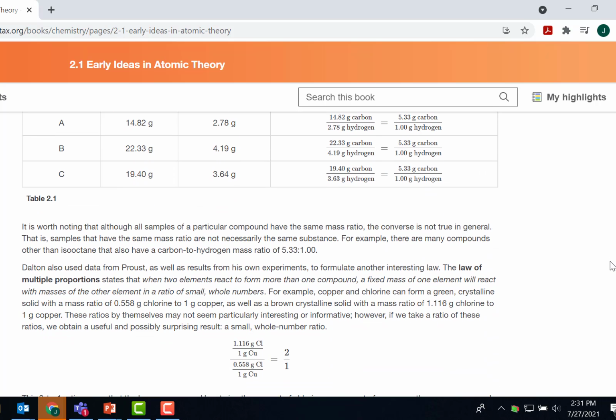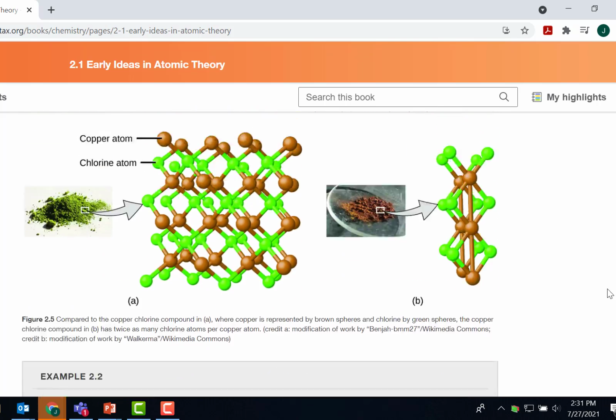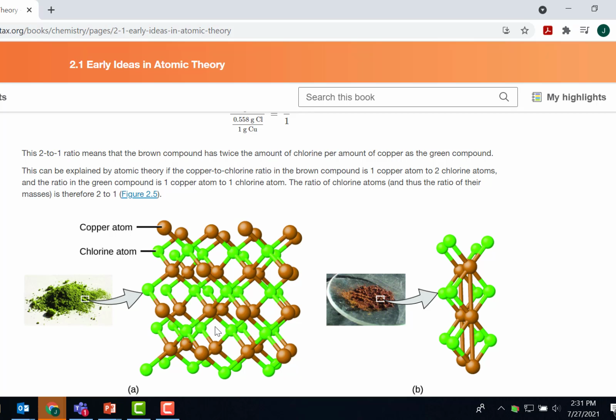And the law of multiple proportions follows from, okay, if each atom of each element is about the same mass, then you're going to have these multiple proportions between the compounds that they form.